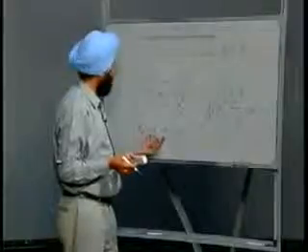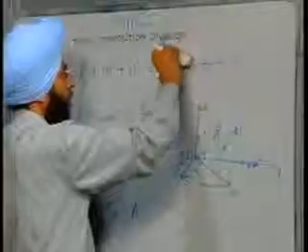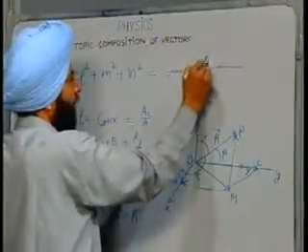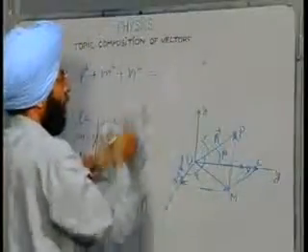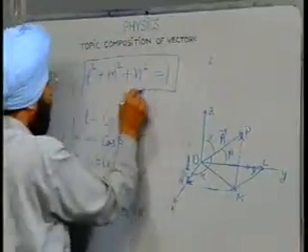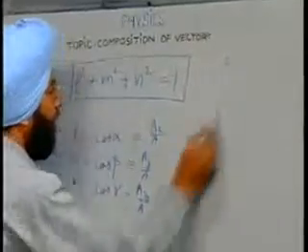AX square plus AY square plus AZ square is equal to A square. So, we have A square divided by A square, 1. So, L square plus M square plus N square is equal to 1. This is another standard result.